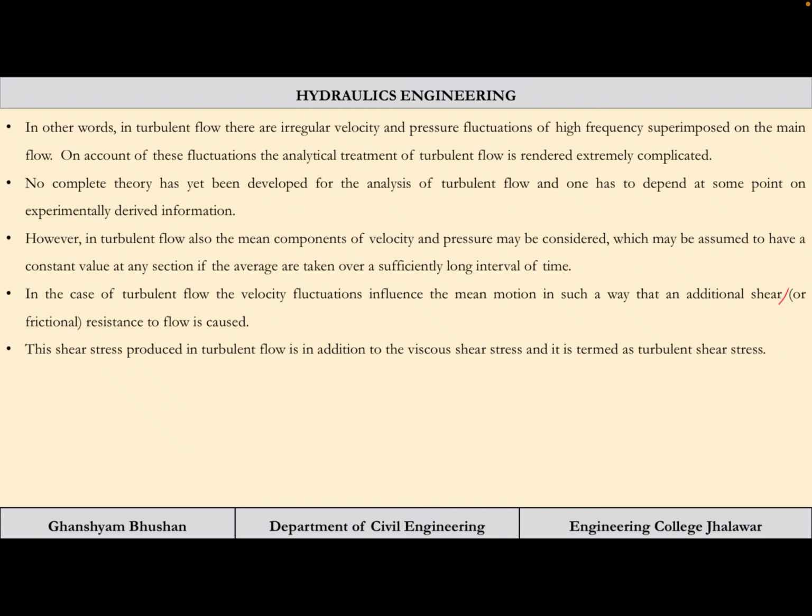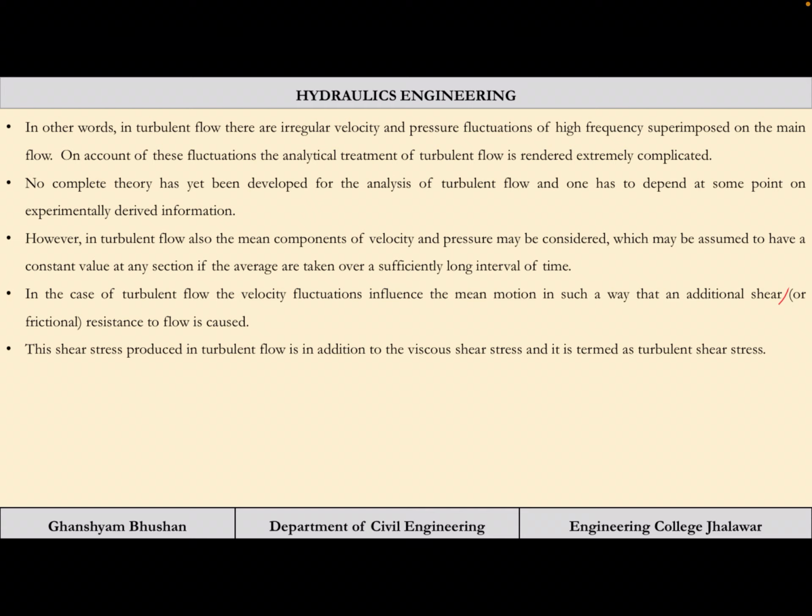We assume that over a longer period, these fluctuations are going to cancel out, because we are assuming they are normally distributed. A normal distribution over a long period of time will give you a net average of 0. In mathematics you might have done that calculation also. So over a long period of time we can assume velocity and pressure fluctuations as a constant.